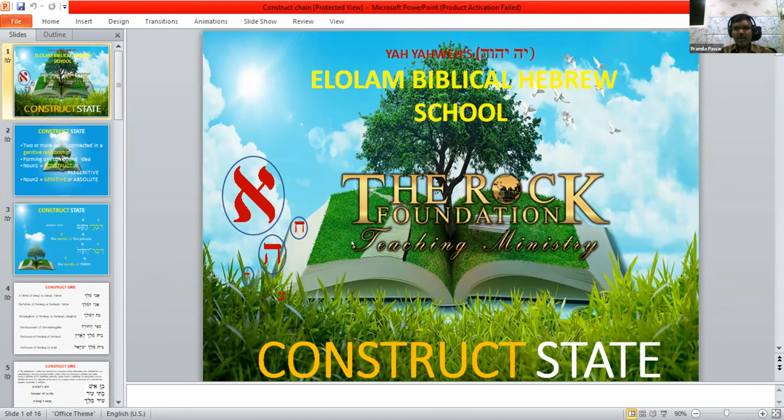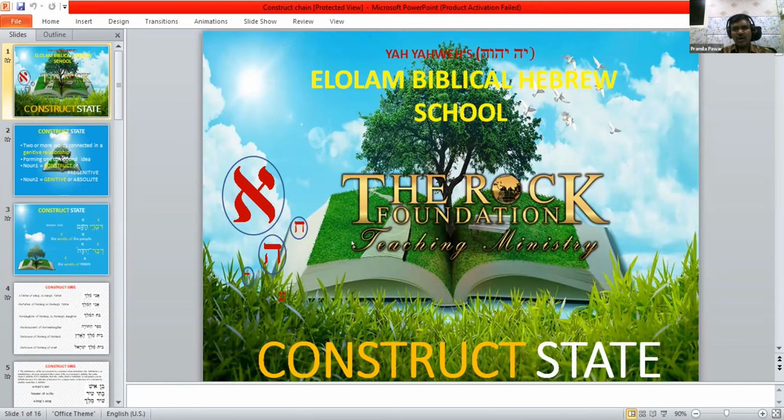Now, for example, Devar Elohim, the both words are connected with maqqef or without maqqef. How will you translate? Devar Elohim or Divre Elohim. Word of God. Words of God or words of Elohim. Divre is plural.